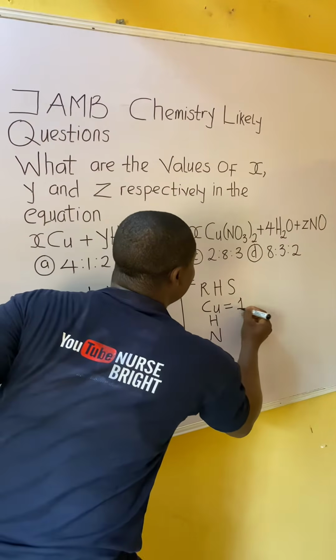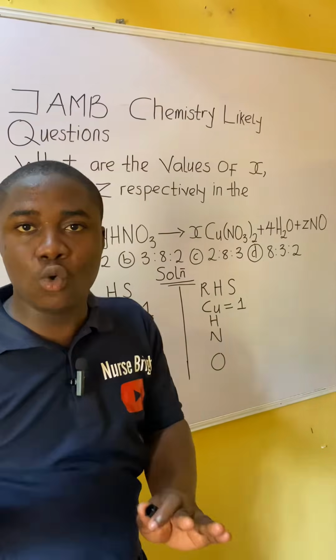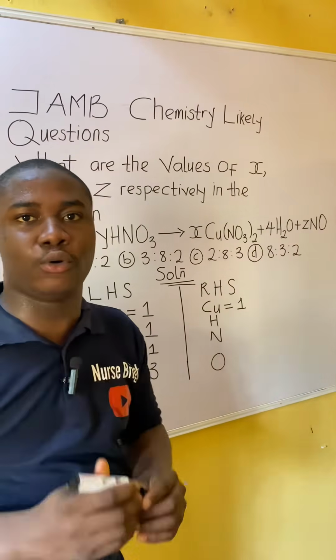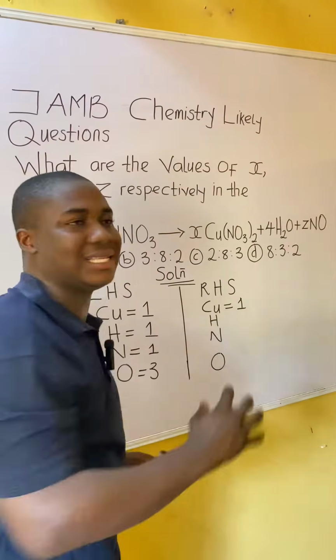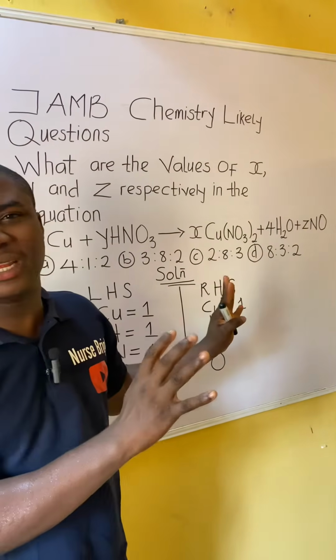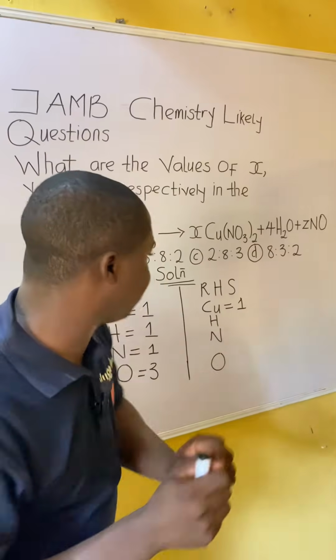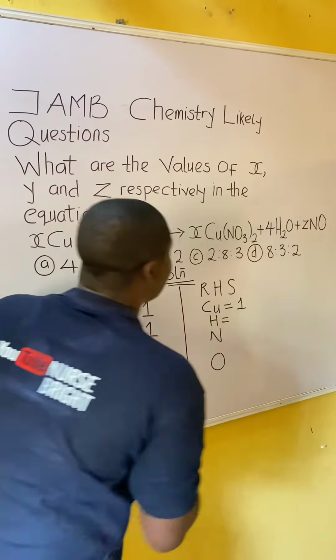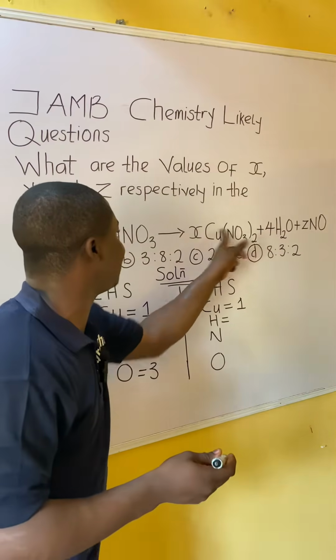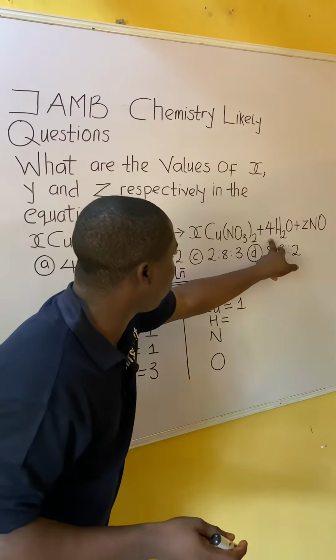So copper on the right-hand side is still 1. Let us progress to get how many atoms of hydrogen are on the right-hand side, because with hydrogen we have to be very careful here. So moving further, let's analyze for hydrogen. All right, hydrogen was not even present here, so we'll leave this alone and go over to the other place.